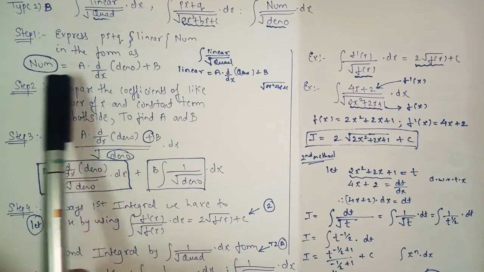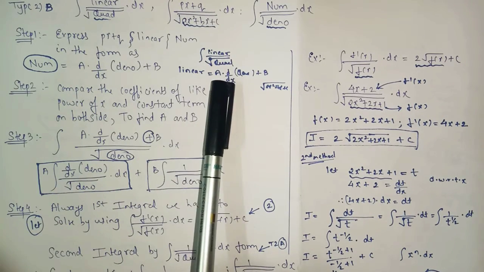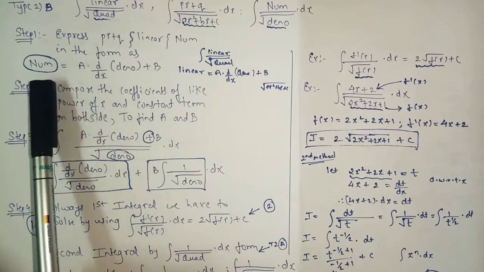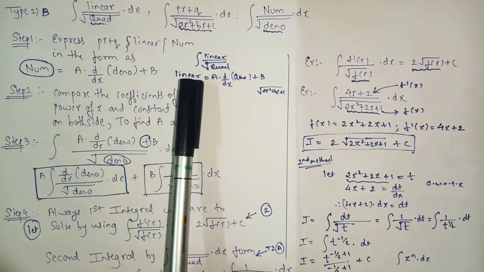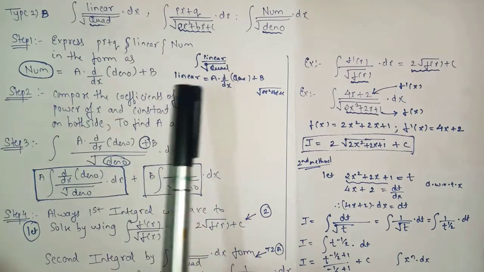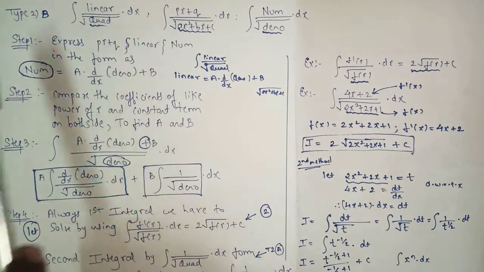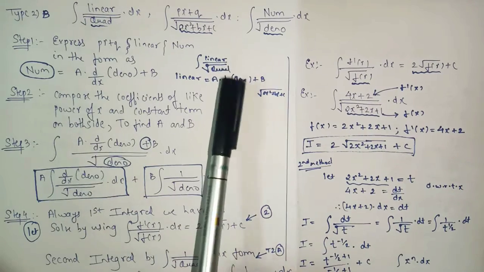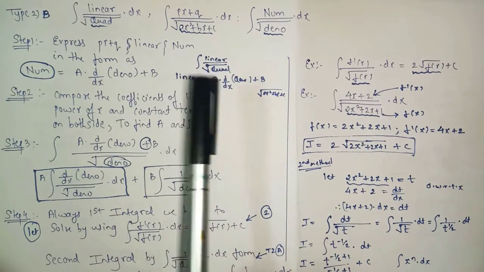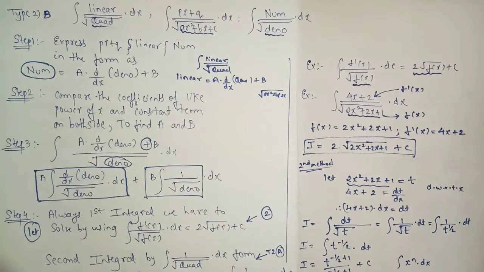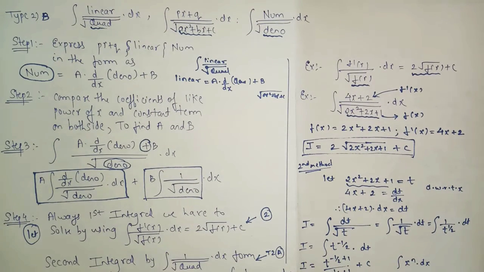But see to it that numerator means the linear form, and denominator means the quadratic form, not root quadratic. If you write root quadratic here, you will end up with the wrong answer.